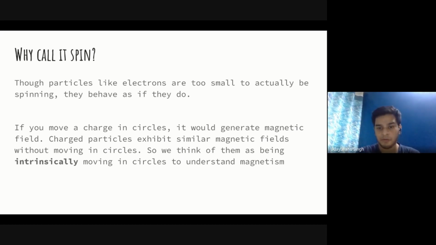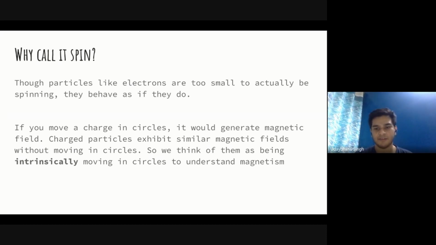Intrinsic properties, as I explained, are properties which basically exist because they are that way, right? So the idea was that the particle is behaving as if it is spinning, but it's not actually spinning, which is a bit tough to get your head around. But bear with me for a second here.